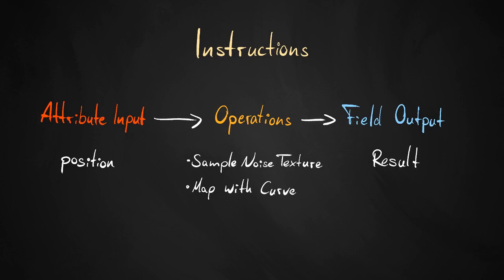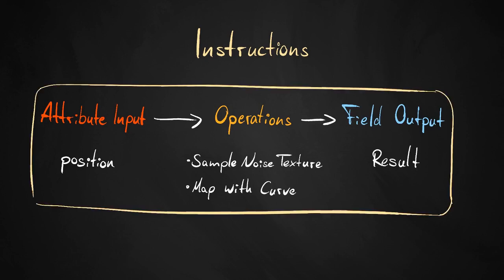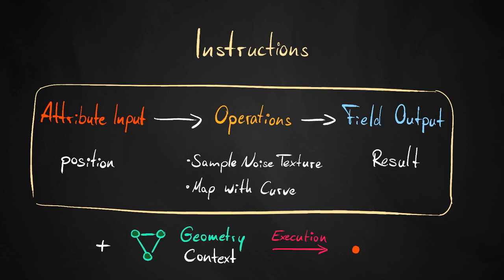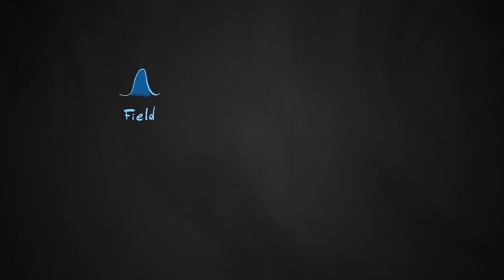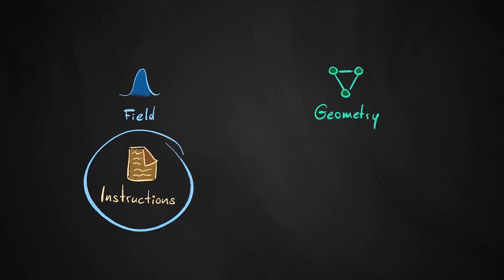The instructions given by a field like this can exist independently, isolated from any geometry. And whenever the field is used to operate on a geometry, the instructions are executed and the attributes that the field references are taken from that geometry. So just to reiterate this point because it's very important, fields only carry the instructions, not the actual data.